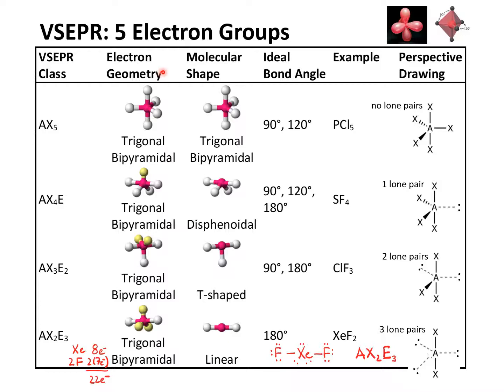In this case, we see that molecules with 5 groups of electrons have the electron geometry trigonal bipyramidal. But because of the presence of the non-bonding electrons, the shape of the molecule is linear. And here we can see a diagram showing the shape of the molecule, where the non-bonding electron pairs, 3 of them, are located along the equatorial axis.